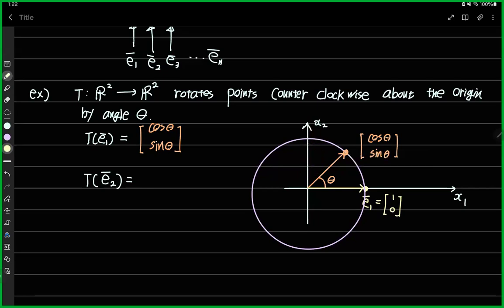We're going to rotate E2 along the unit circle with the angle theta counterclockwise, and we get right here. This is theta. Then what's the coordinate of this point? Can anyone figure out the coordinate of this point? What is it?